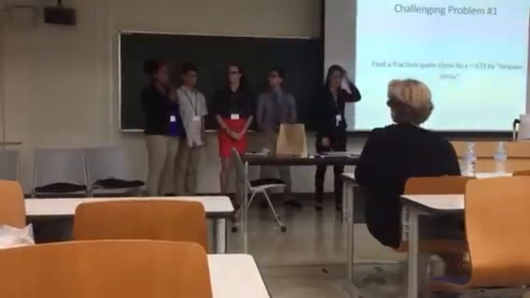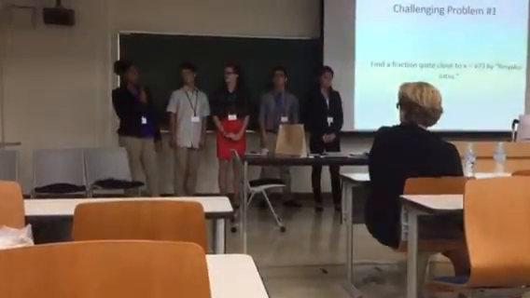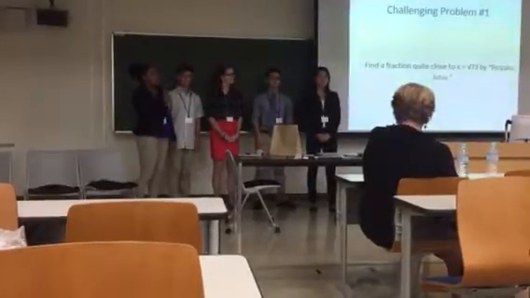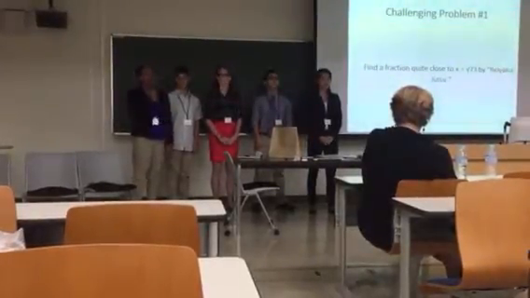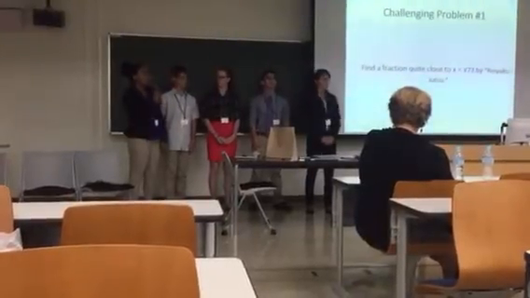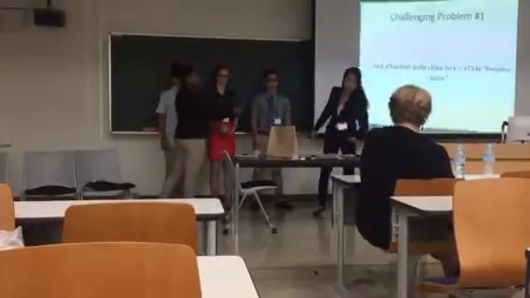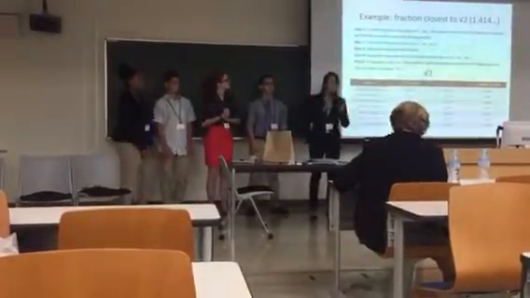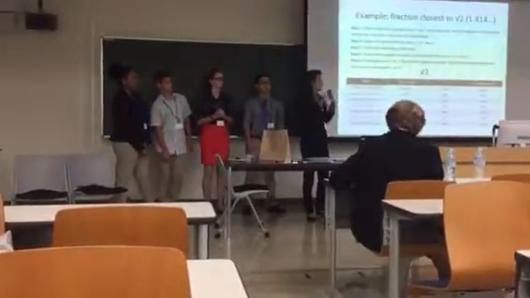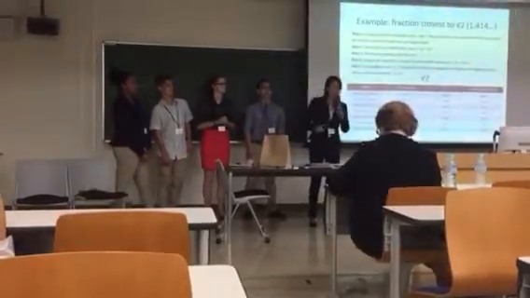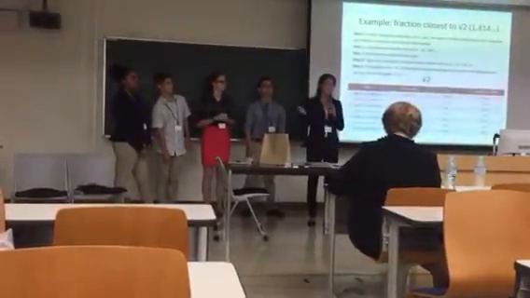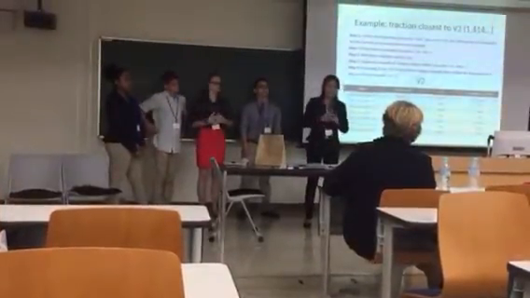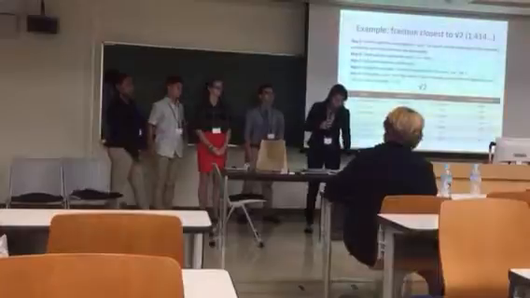So we had two challenge problems, but the first one was to find the closest fraction equivalent to the square root of 73 by using the Reiyaku Jutsu method. So, for example, we'll use a smaller number. Our whole class did this. We calculated the square root of 2 by using a small calculator that doesn't have the square root button.